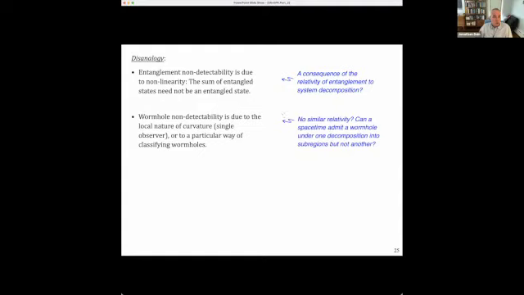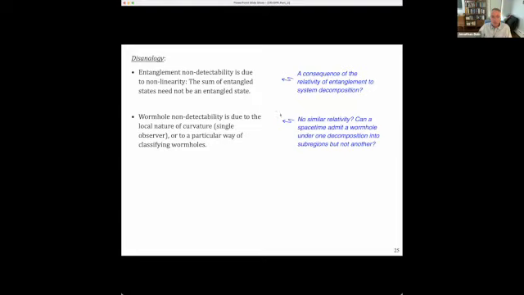And the point is that wormhole non-detectability, at least as understood by Bao and colleagues, seems to be due to the local nature of curvature. In the case of a single observer trying to determine whether she's in a one-sided black hole spacetime or a two-sided black hole spacetime, or a particular way of classifying wormholes, this way proposed by Maldacena and Susskind, in both cases it doesn't seem that there's a similar notion of relativity associated with the non-detectability of wormholes.